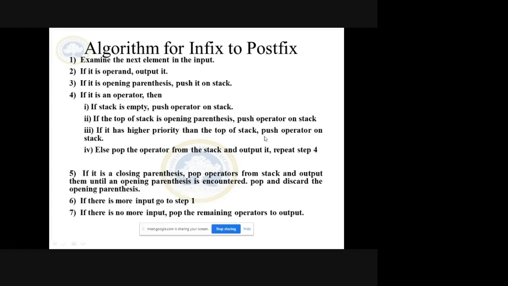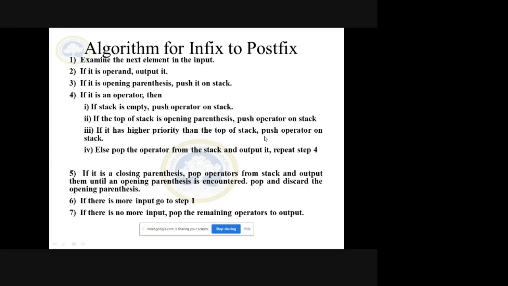You cannot place any lower priority above the higher priority. So what you will be doing is popping the higher priority operator from inside the stack, and then you will push the incoming operator. Clear? I'll make it clear while explaining the example also, you will get more idea.